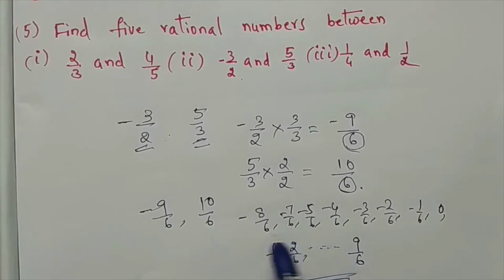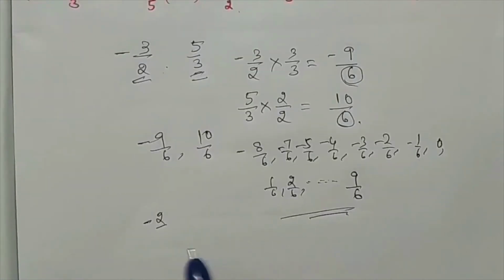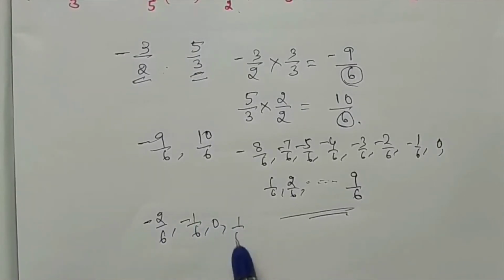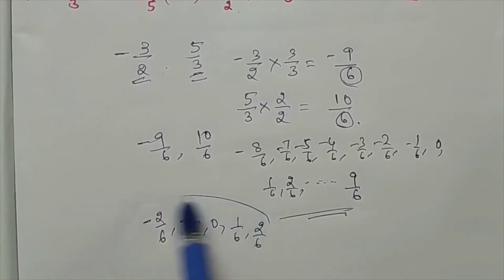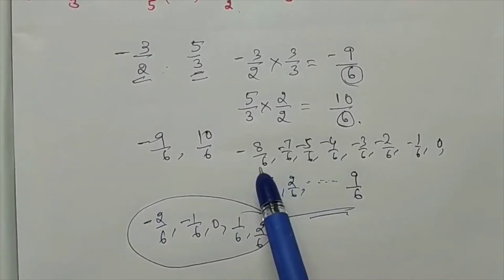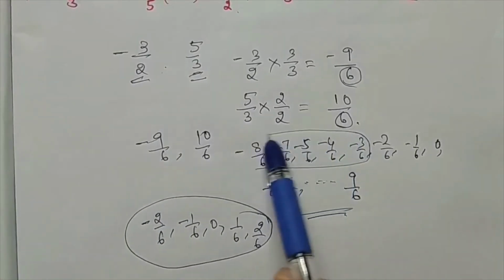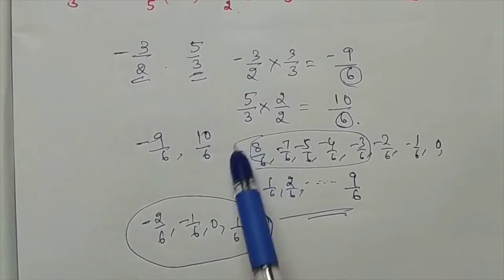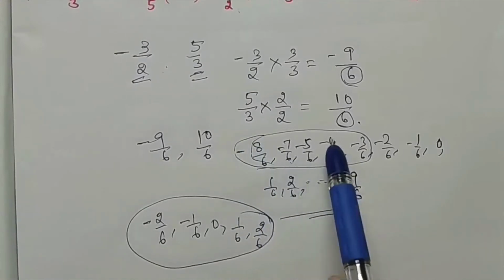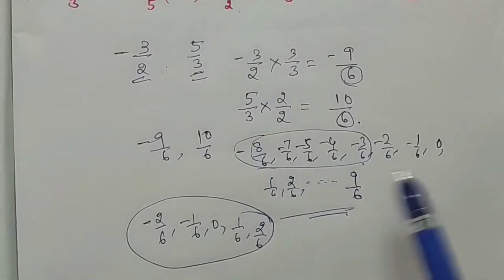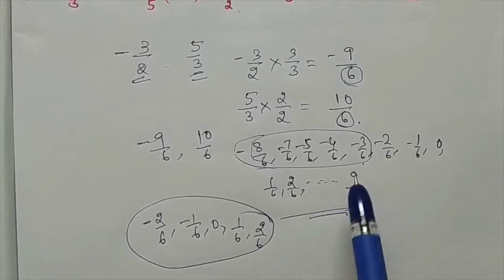So we can write any 5 rational numbers like minus 2 by 6, minus 1 by 6, 0, 1 by 6, 2 by 6 can be our answer. Or we can write any 5 rational numbers like minus 8 by 6, minus 7 by 6, minus 5 by 6, minus 4 by 6, minus 3 by 6. Like that we can write any set of 5 rational numbers.